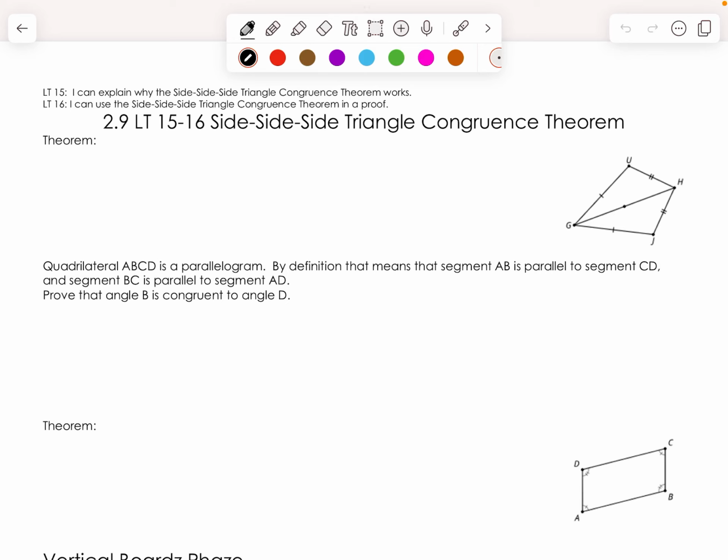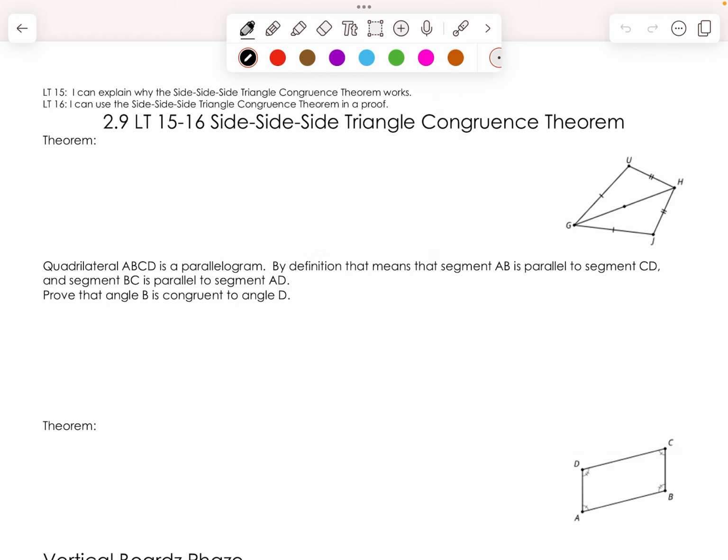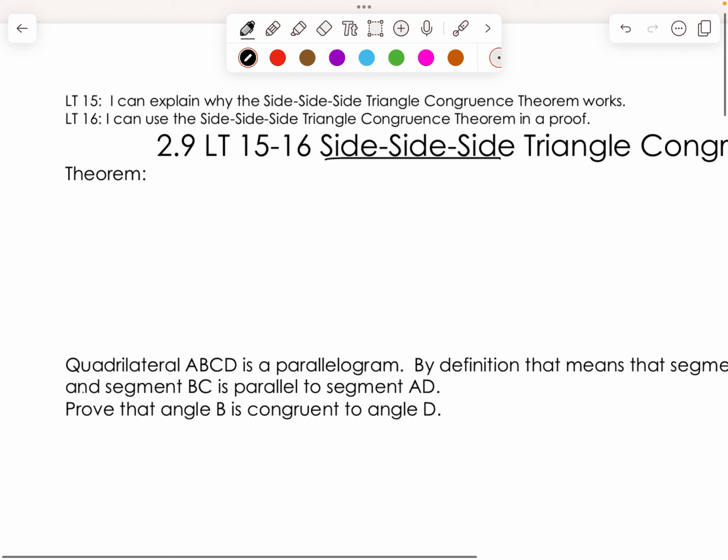Okay guys, so we're going to do the side-side-side triangle congruence theorem. Talked about this a little bit before. Alright.